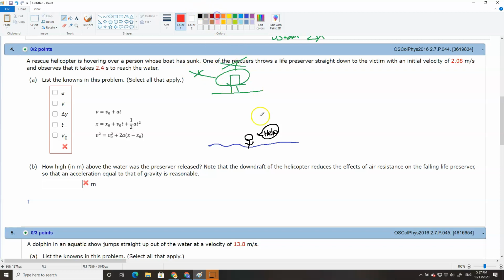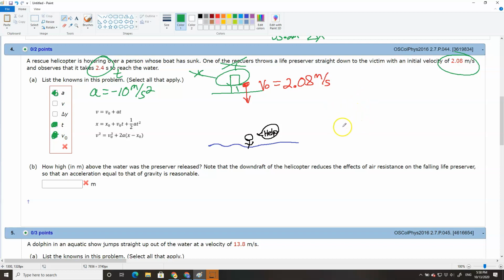So here's our life preserver, and it's being thrown downwards with an initial speed of 2.08 meters per second. And we see that we are given a time of 2.4 seconds as well. The third thing that you know, although it's not explicitly told to you, is the acceleration will be negative 10. And the reason why we know that is because of gravity.